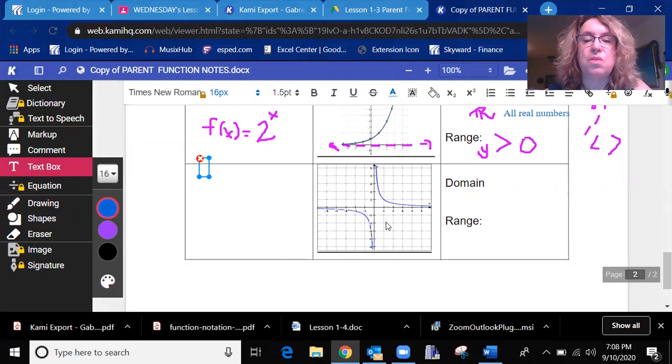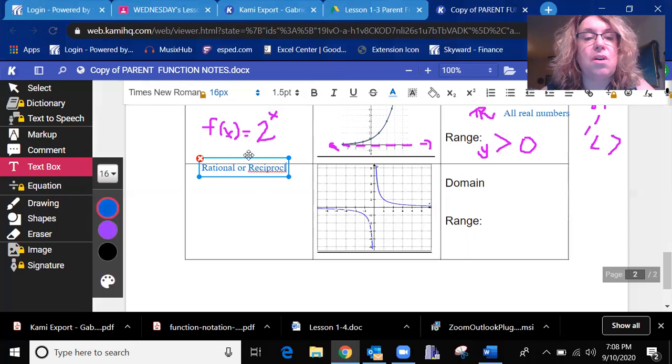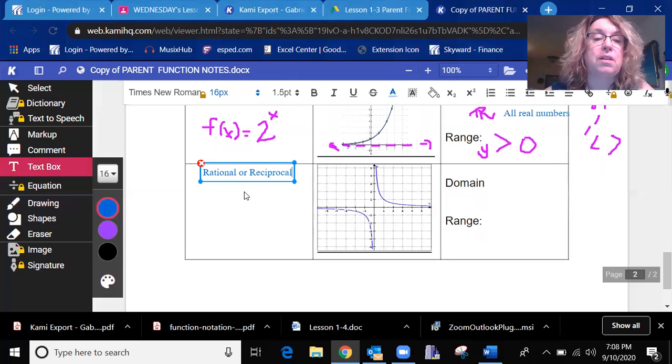Now this it's kind of like windshield wipers, but they're going in opposite directions. This one has 2 names. I've seen it both ways. I've seen it called the rational function. I've seen it called the reciprocal function. And let me spell it correctly.